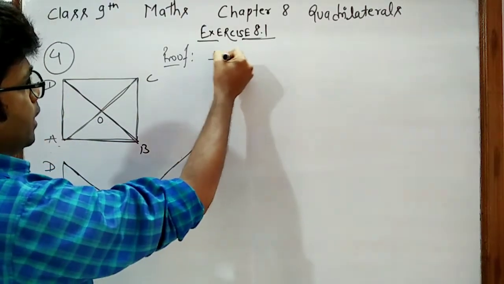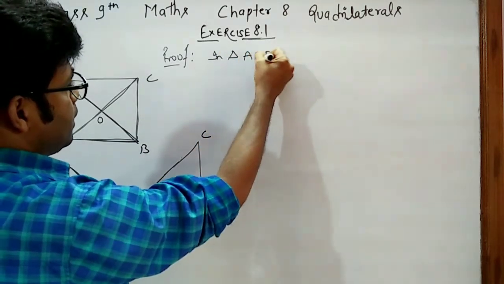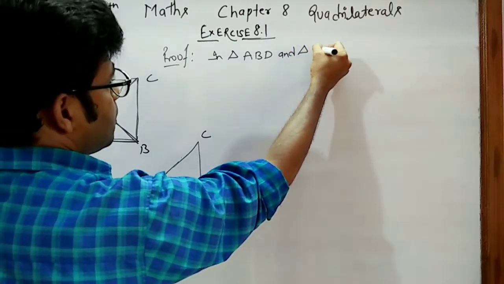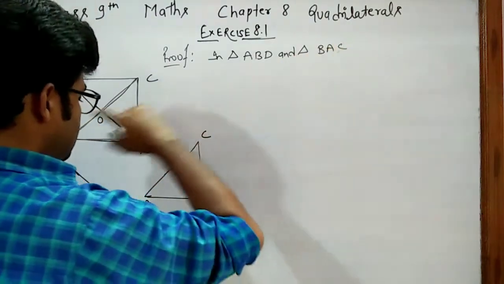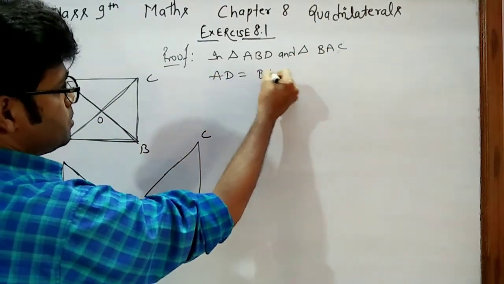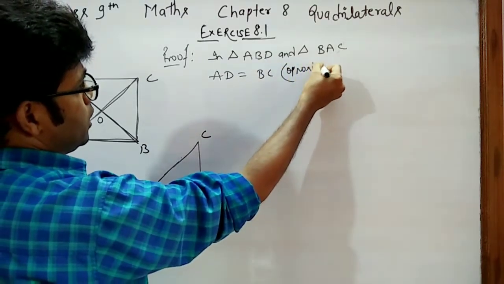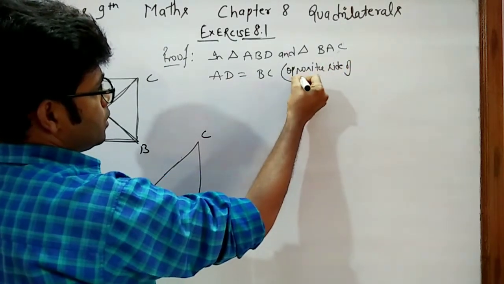So we write, in triangle ABD and triangle BAC, AD is equal to BC, because opposite sides of a square are equal.